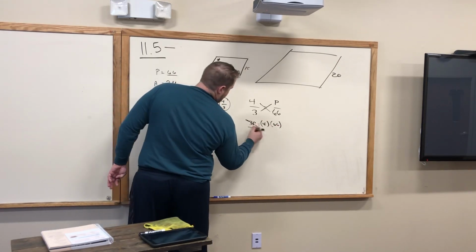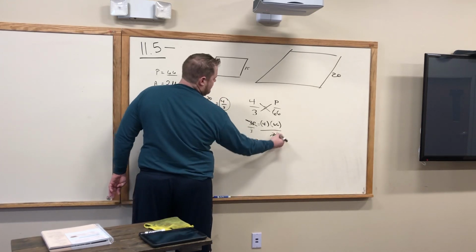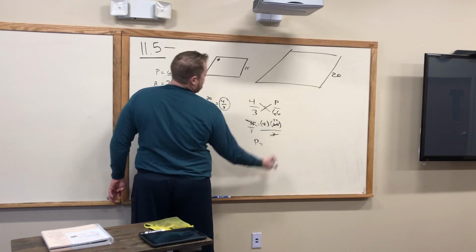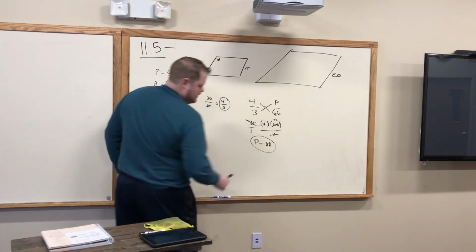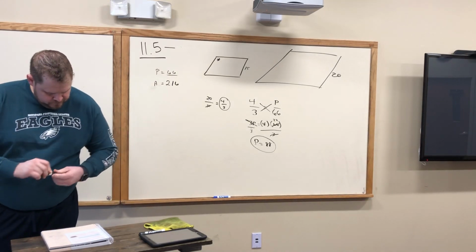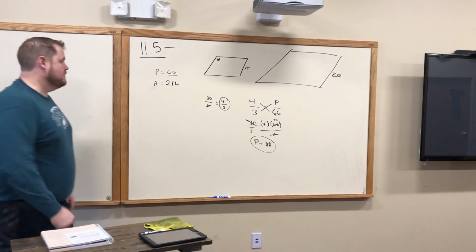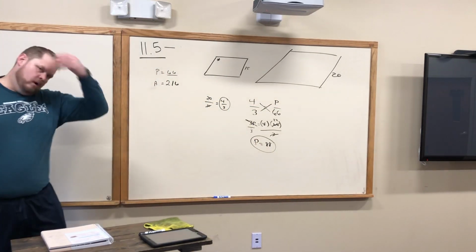Divide by 3. P equals, now watch, 3 goes into 66 how many times? 22. 22 times 4 is 88. So your answer is 88. Okay, any questions? So your perimeter for the big one is 88.